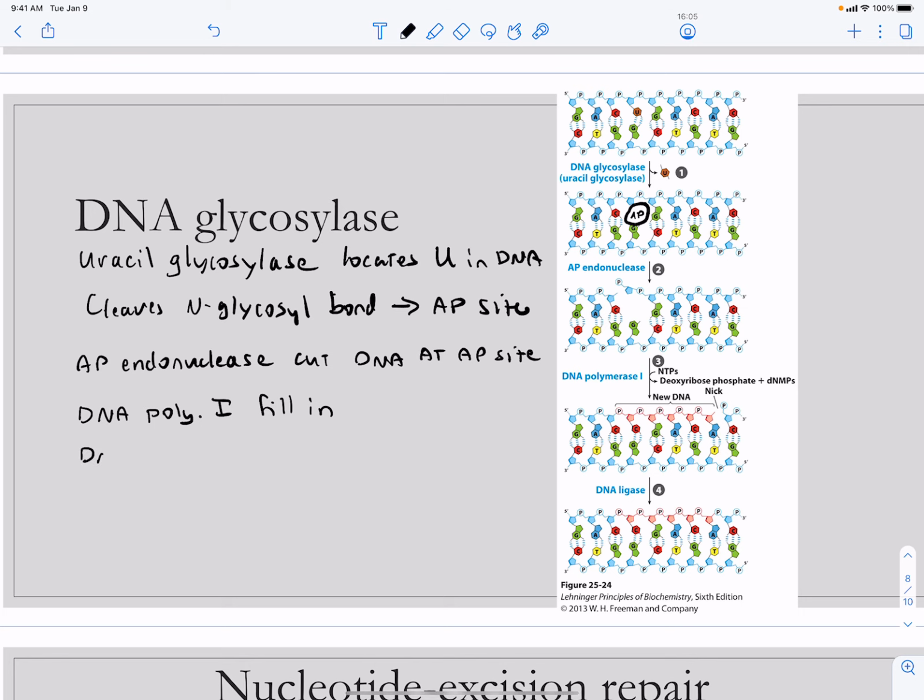And then you have DNA ligase that seals. So you just basically are going to form the new DNA until you get to a nick where you need it sealed, and then your ligase will seal that nick.